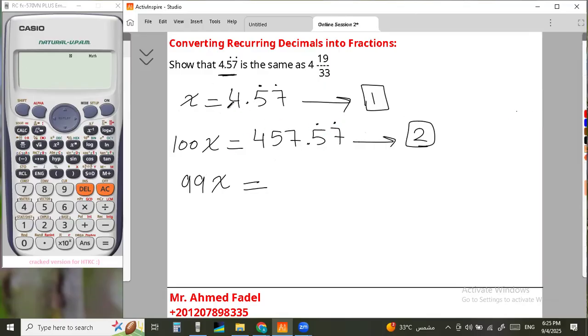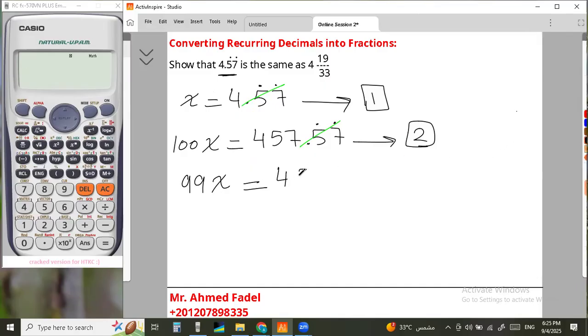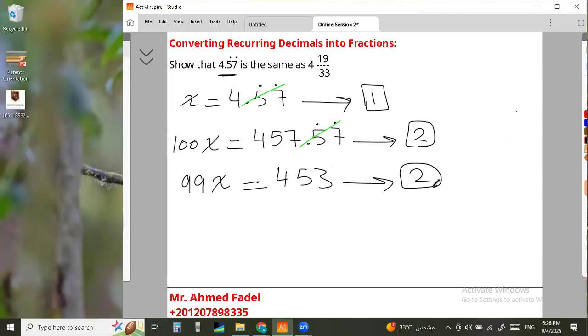When I do this minus this, the recurring decimal will be canceled. That's the first thing. Now I have 457 minus 4, which is going to give us 453. This comes from 2 minus 1. All right. Now let's solve for x.